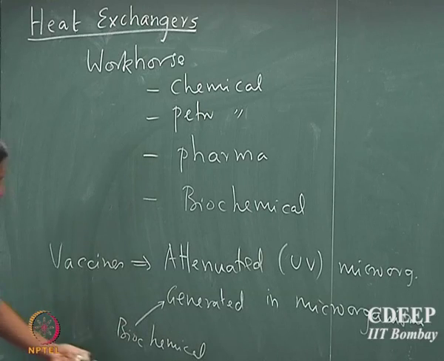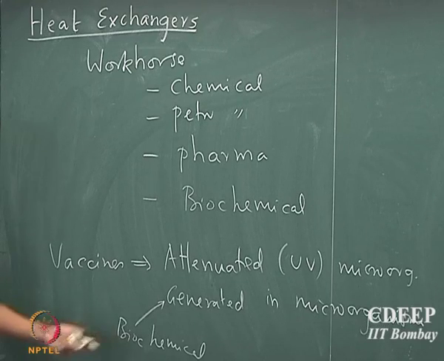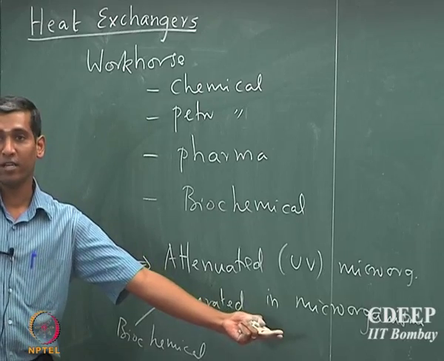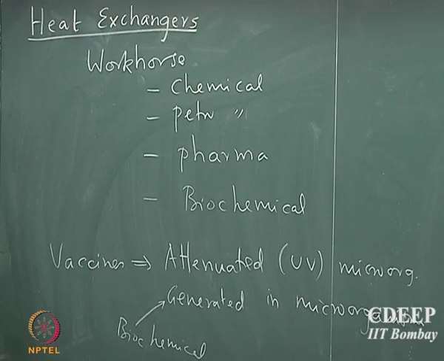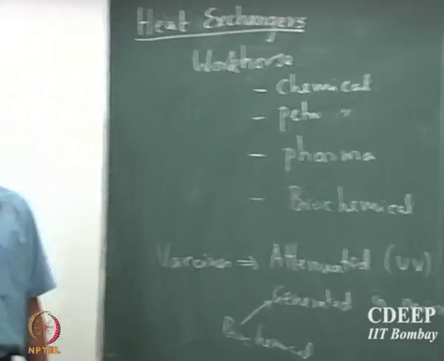Okay. So here precise control of the biochemical reaction is extremely important in order to get good quality vaccine and also good quantity of vaccine. The amount of vaccine that is produced in the reactor is a strong function of the temperature at which the reactor is operated.